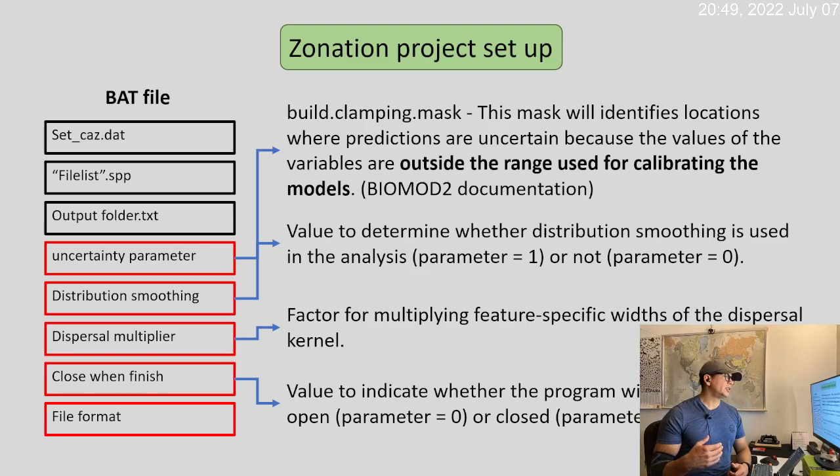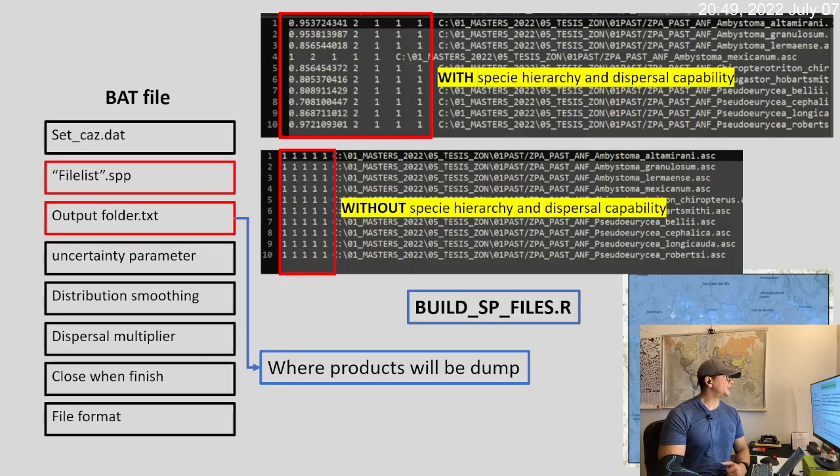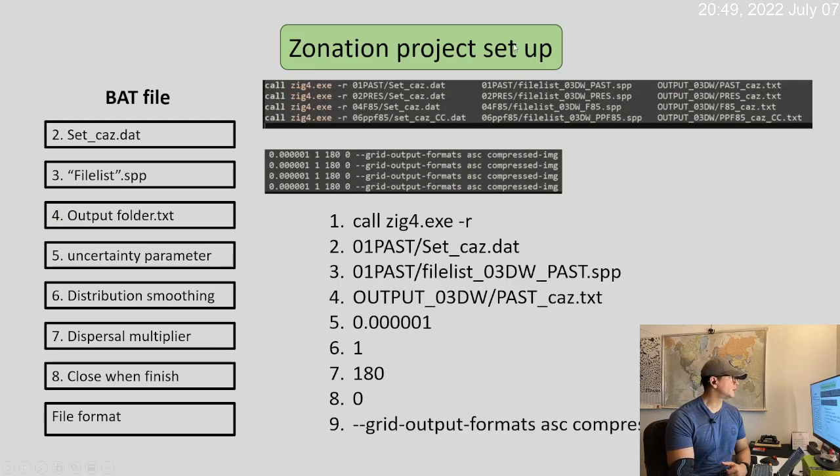Then the multiplying factor here was going to be 1, because this goes again into the number 1. Let me just check if that is true. So it's the output, uncertainty, smoothing, and dispersal multiplier.